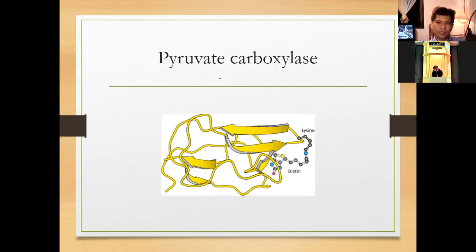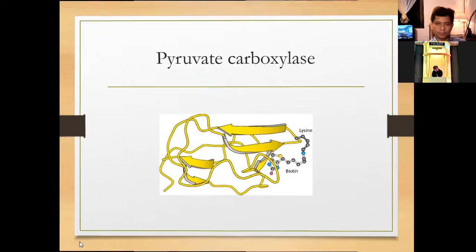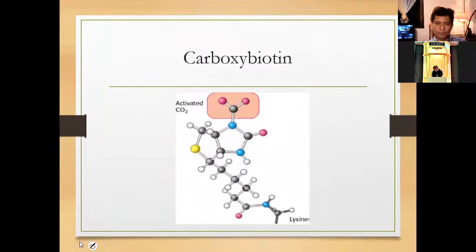Kasi parang precursor siya ng pyruvate carboxylase, the enzyme. Pyruvate carboxylase, siya yung nag-i-initiate ng formation ng phosphoenol pyruvate, ano? From pyruvate. So yun, may biotin. So this is the biotin.